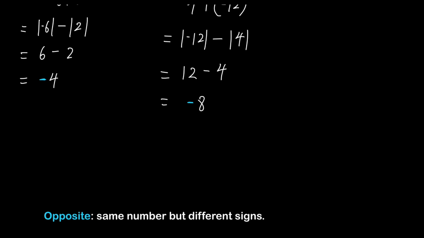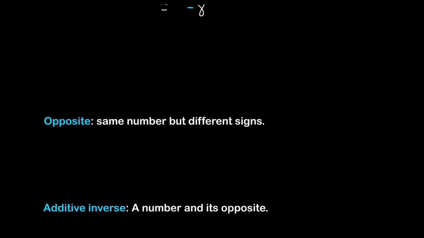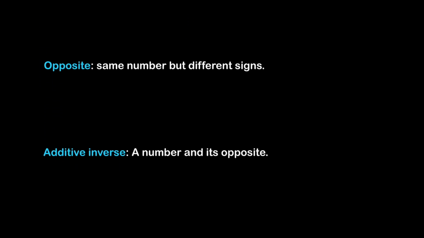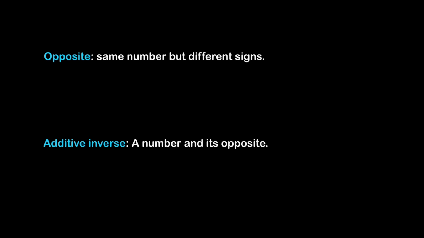Okay, so next I want to give you some new terms to learn. Opposite means the same number but a different sign. If the question says 6, and I want you to find the opposite of it, its opposite would be negative 6, right?